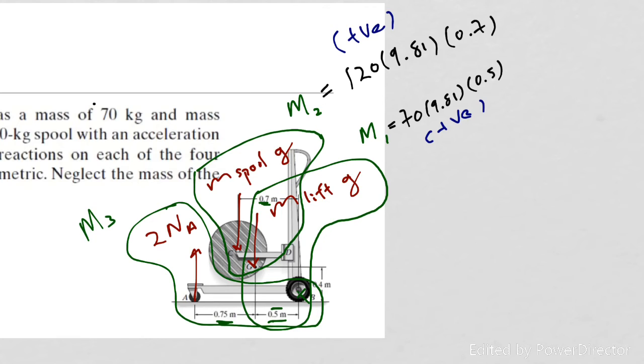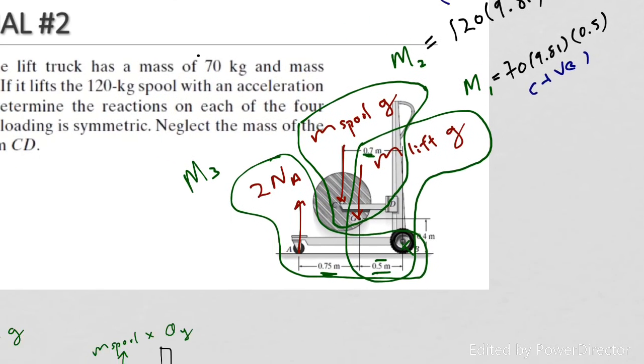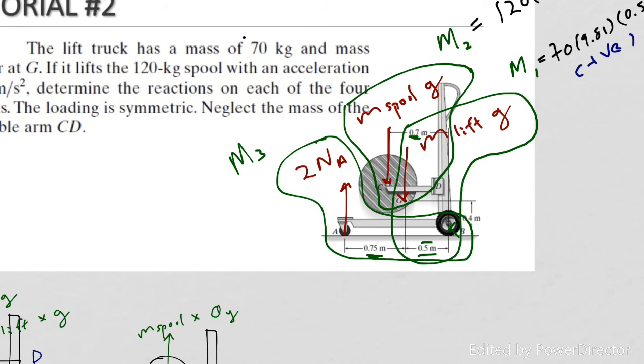And the last, my M3. I will write that. So I move the unknown a bit. I will write the equation that will be 2A times the distance. So 0.75 plus 0.5, that will be 1.25.